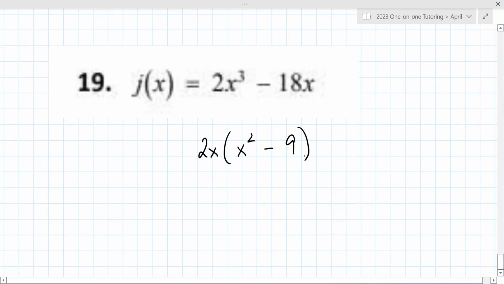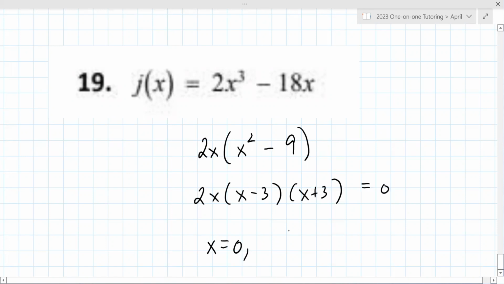And then it's 2x times x minus 3 and x plus 3. Good. Then you set each factor equal to 0: x equals 0, x equals 3, and x equals -3. Okay, very good.